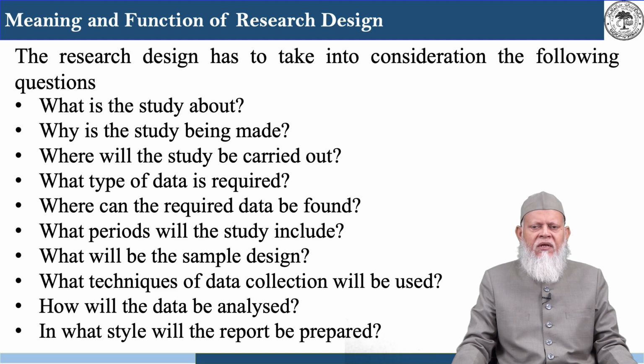If suppose we are studying the India-China relations or India-Saudi Arabia trade, then we have to have the secondary data. However, if we are studying the problem of drug addiction, problem of begging, problem of divorce, then we have to have the primary data.